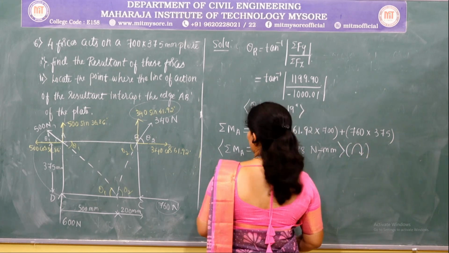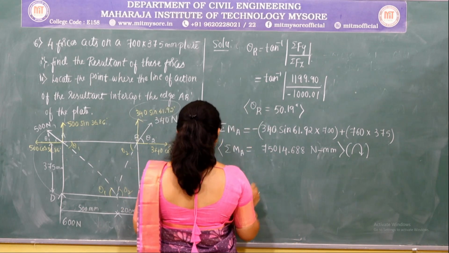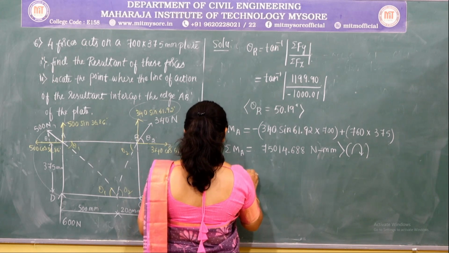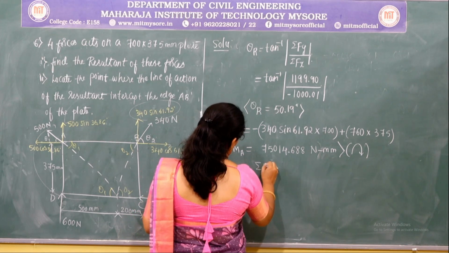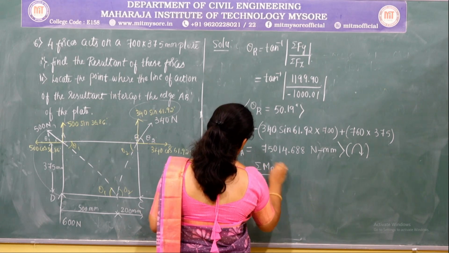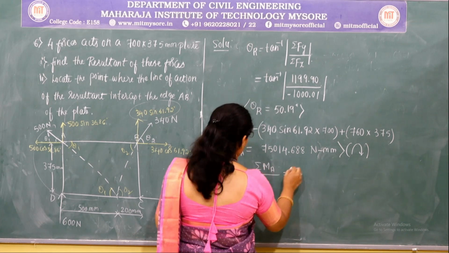clockwise. So we shall locate the point of application of this moment or the resultant, which is equal to D, with respect to the edge AB. So it is the summation of moment about A divided by the resultant.